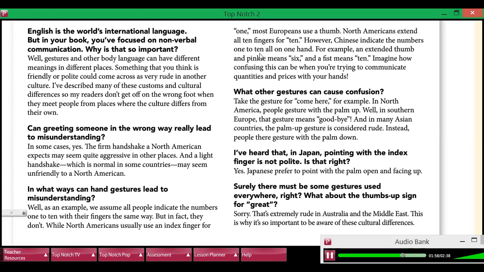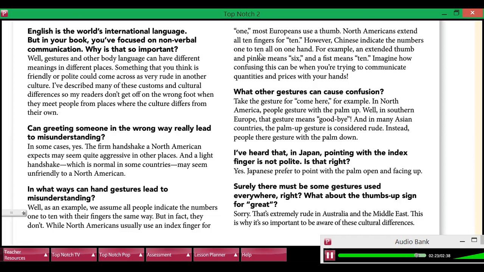Well, in Southern Europe, that gesture means goodbye. And in many Asian countries, the palm up gesture is considered rude. Instead, people there gesture with the palm down. I've heard that, in Japan, pointing with the index finger is not polite. Is that right? Yes. Japanese prefer to point with the palm open and facing up.